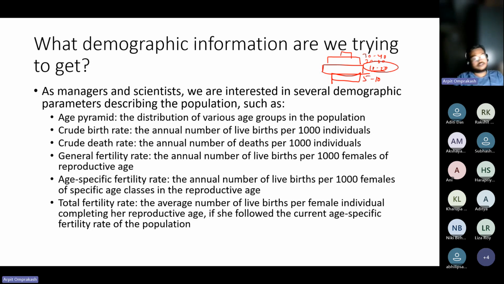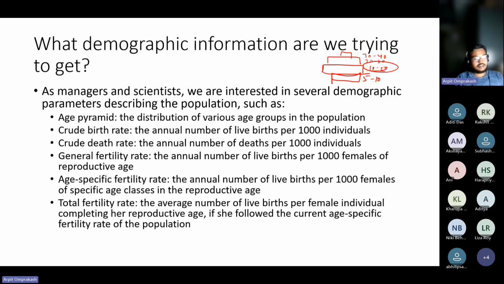You can also get the crude birth rate, which is basically the number of live births per 1,000 individuals, the crude death rate, which is the number of deaths per 1,000 individuals, the fertility rate, which is live births per 1,000 females of reproductive age, and the age-specific fertility rate. So this is again the fertility rate for specific age classes in the reproductive age.